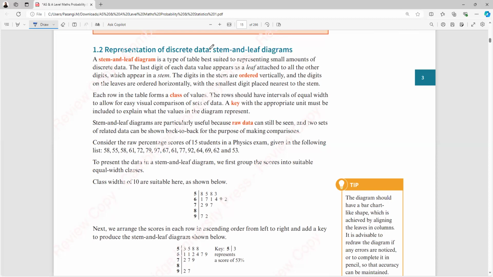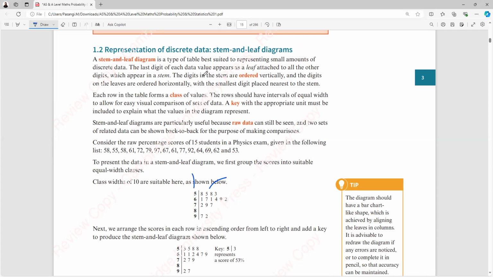When it comes to stem and leaf diagrams, what will happen? A stem and leaf diagram is a type of table best suited to representing small amounts of discrete data. Here, the last digit of each data value appears as a leaf. For these ones, we call them leaves, and for these ones, we call them the stem, attached to all the other digits which appear in a stem.